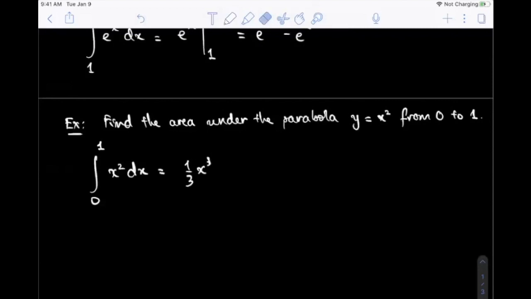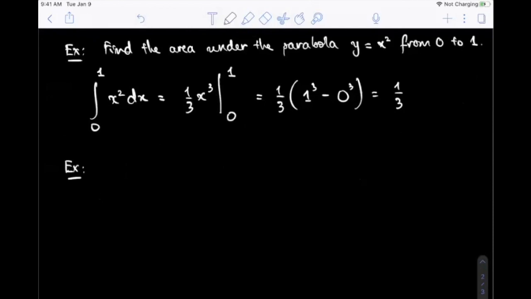And now you evaluate this antiderivative at 0 and 1. So this gives me 1/3 times, so 1/3 is the constant multiple, so you can leave it outside. And you evaluate x cubed at 1 and at 0. So you have 1 to the third power minus 0 to the third power. So the answer is 1/3.